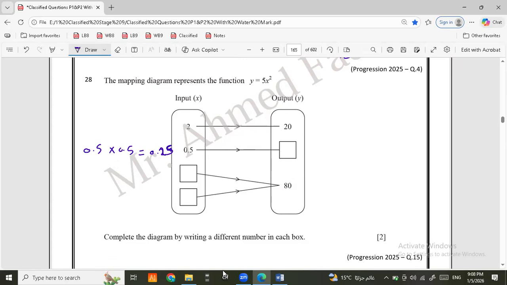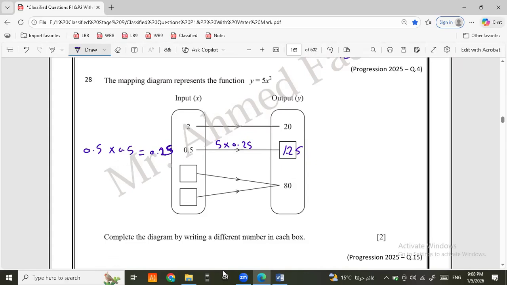That's 0.5 squared. Multiplied by 5. So I got here 5 multiplied by a quarter. It is going to give you 1.25. But here they've given us the y and they want the x.